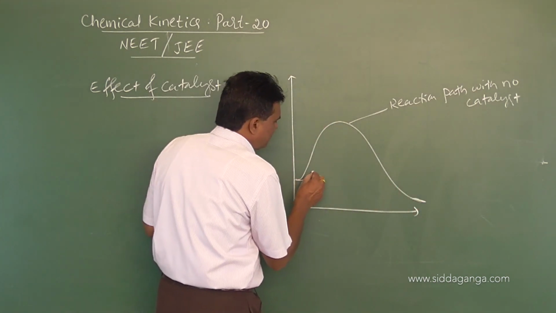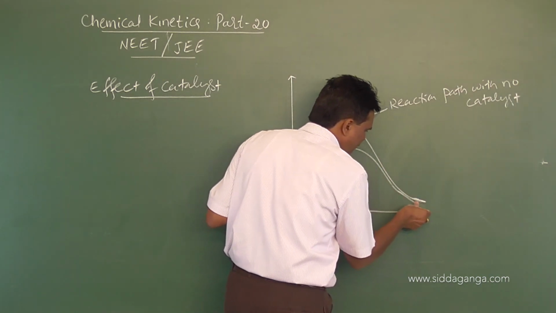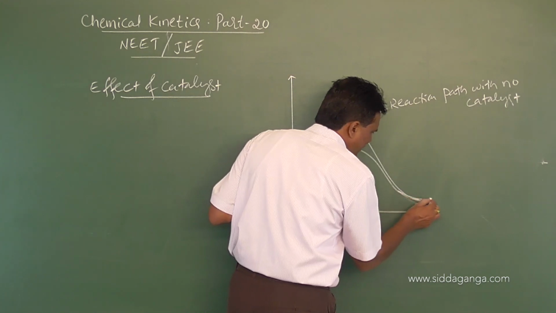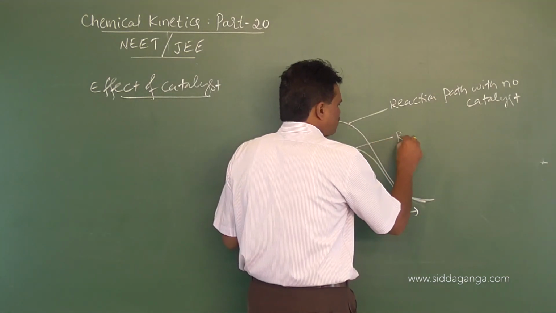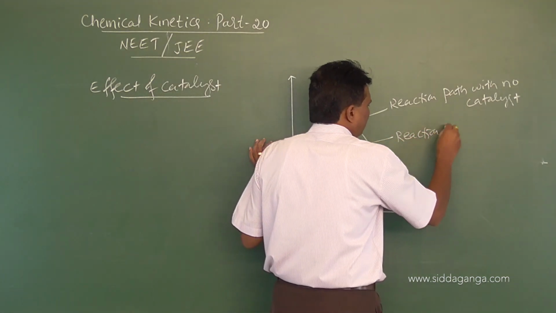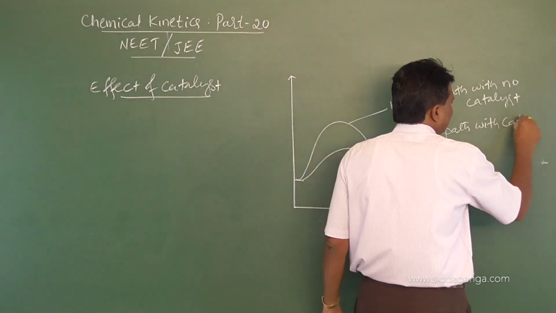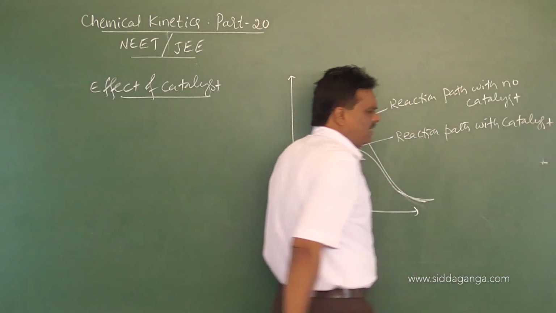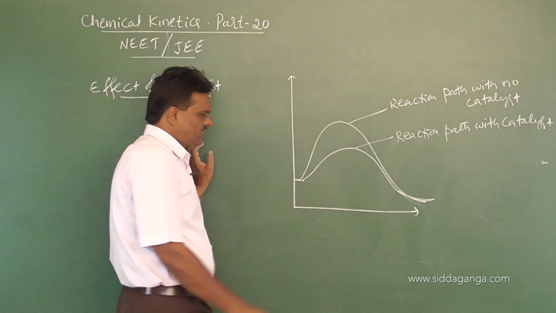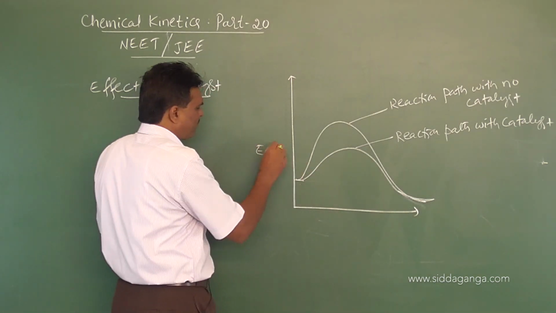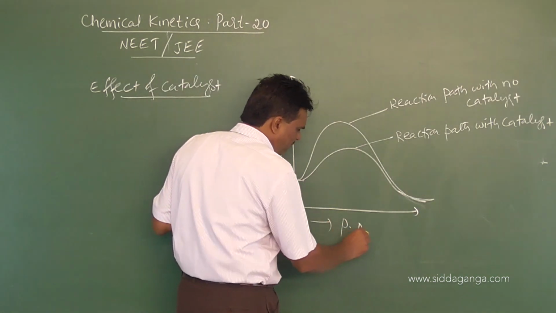Then if the same reaction is carried out in the presence of a catalyst, this is the reaction path with catalyst. This is the progress of reaction, and this is energy, the potential energy.